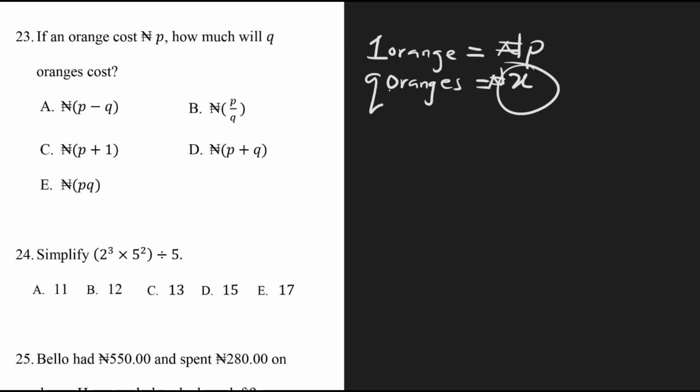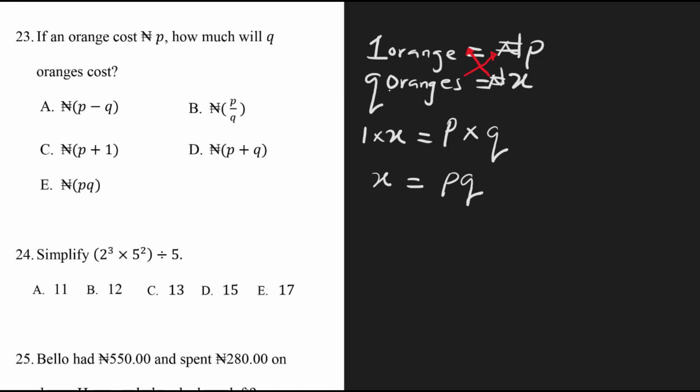Is that not? So we're going to cross multiply. Cross multiply now, we will know that we have 1 times X is equal to P times what? P times Q, right? So 1 times X is X equals P times Q is PQ. So can you see?